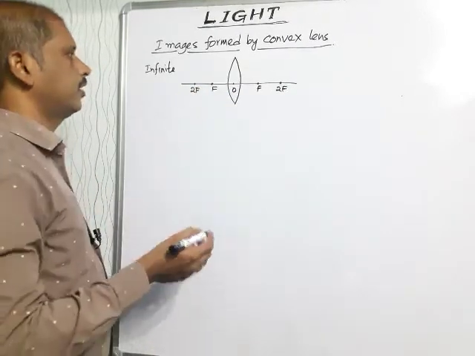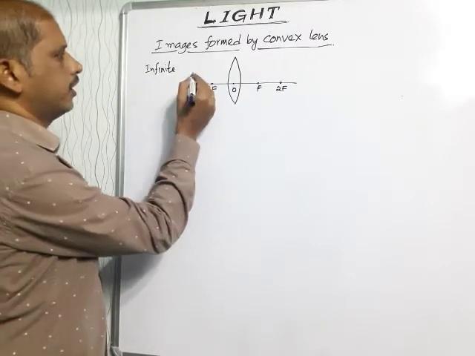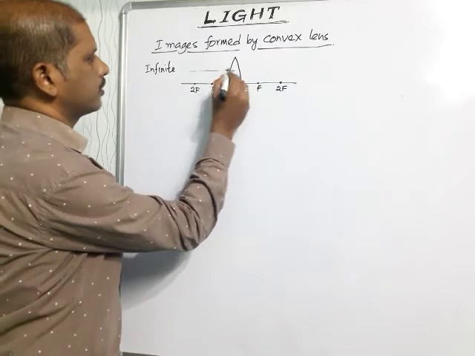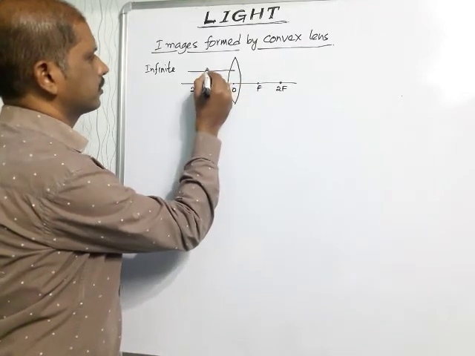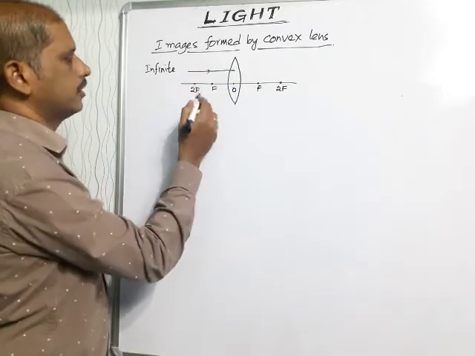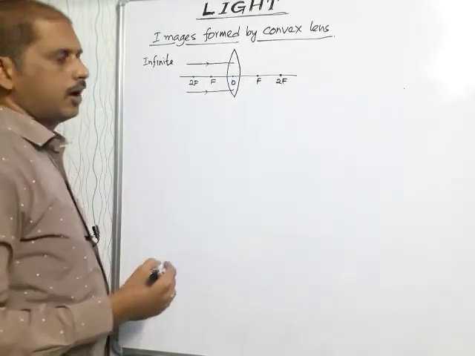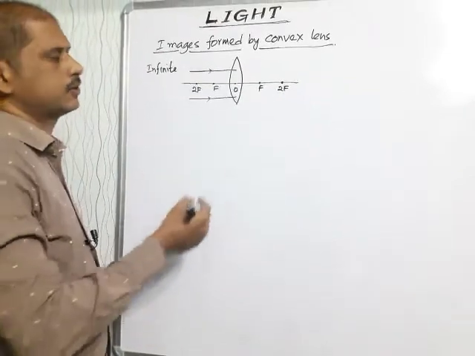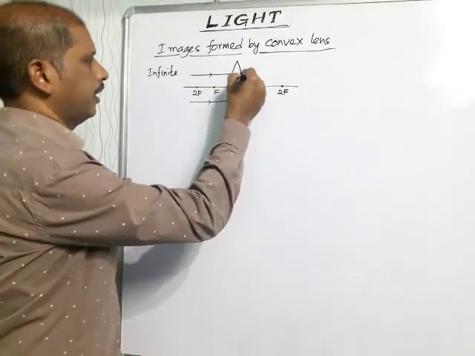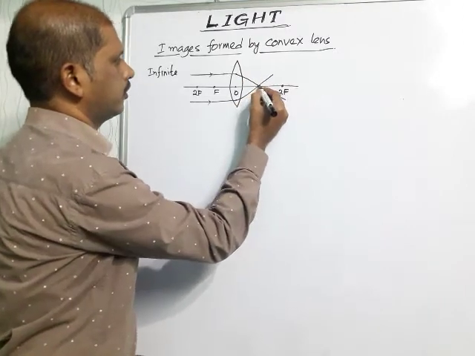Now if you consider the object kept at infinite distance, we have to take only parallel incident rays, which are parallel to the principal axis. One ray I will consider here, another ray here. After refraction, according to the rules, the light ray passes through the focus, and this one also passes through the focus.